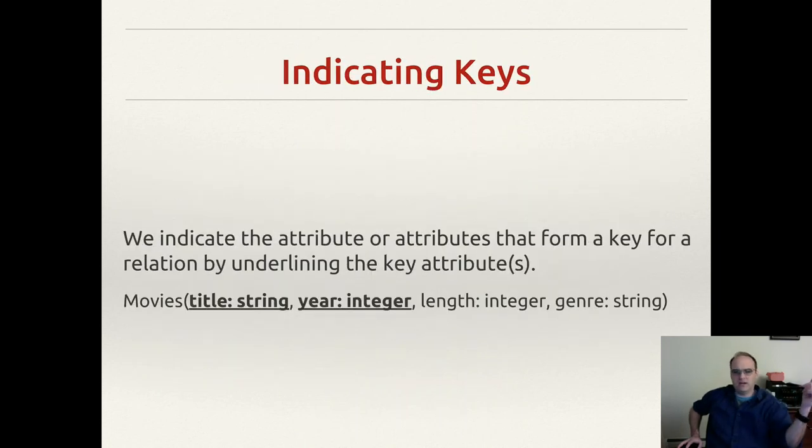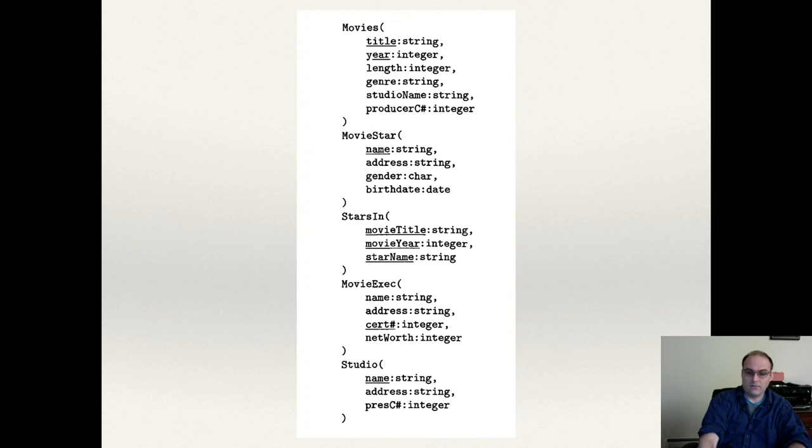And here's how we indicate our keys, which is what we just saw. So now we're taking where we left off with how we describe our relation, and we're just underlining the combination of attributes here that are in fact our primary key. All right, so I kind of went this way to get here instead of going back, and we just talked through all this, right? I think the big one was the stars in.